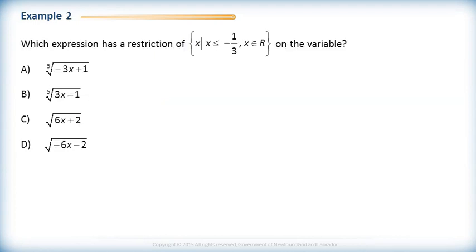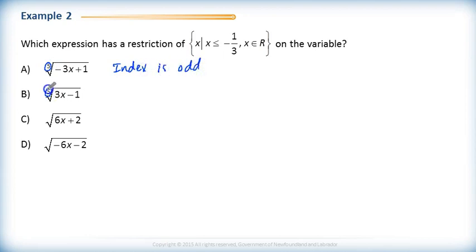In example 2, we're asked to determine the expression that has a restriction of x less than or equal to negative 1/3 on the variable. First thing we look at is the index. In this case, we have an odd index. If there's an odd index, then we have no restriction.